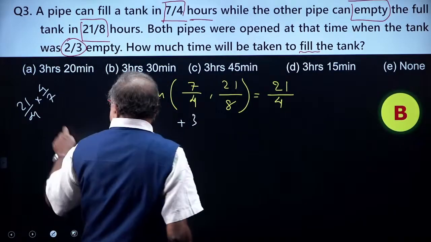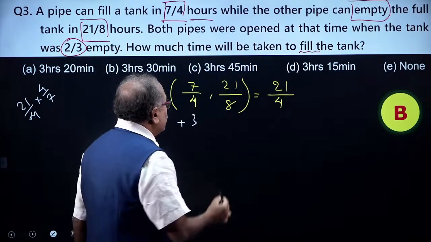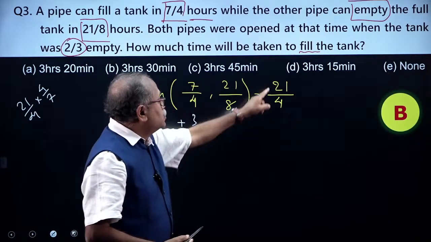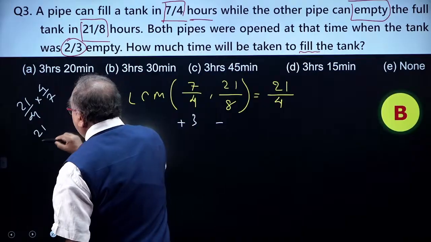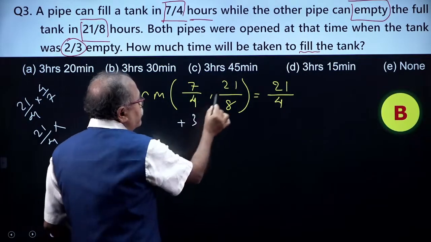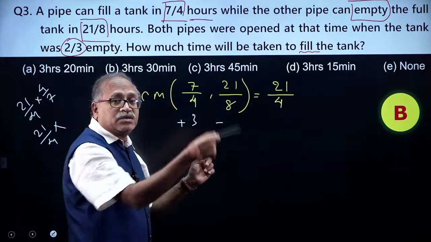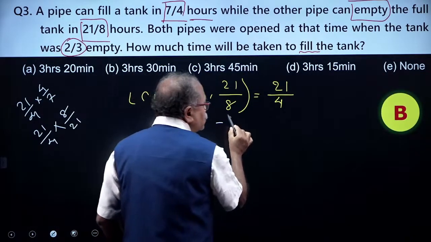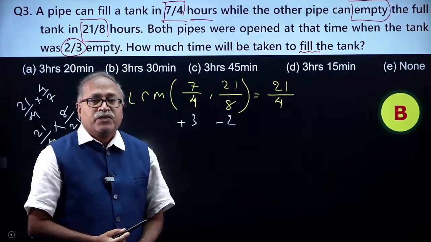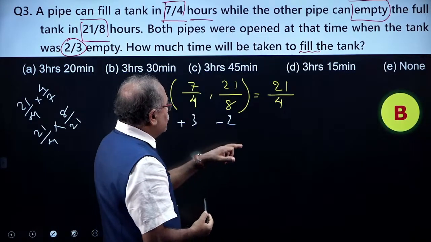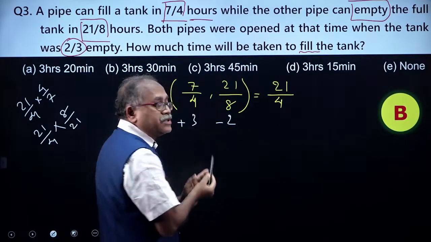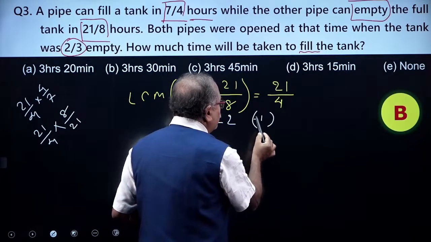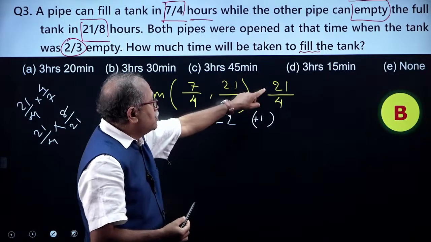Am I right over here? 3 units. And how many units does it empty per hour? So 21 by 4 divided by 21 by 8 is nothing but multiplying by 8 by 21. So that is 2 units getting emptied. Okay, fine. So when both the pipes are open, then only 1 unit gets filled. What is the total capacity?